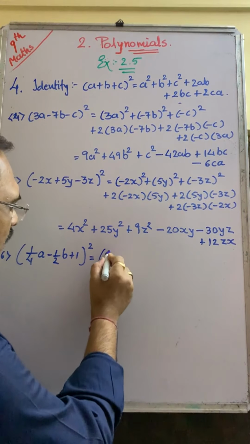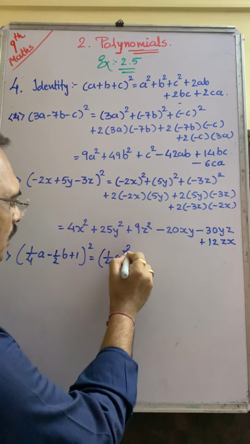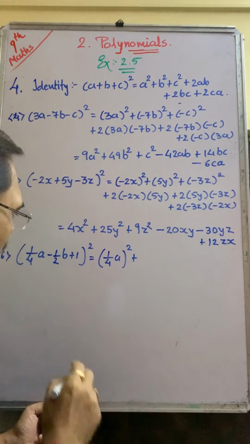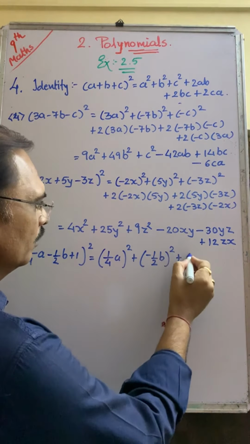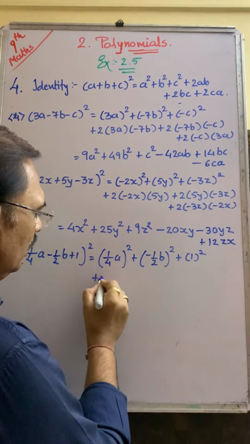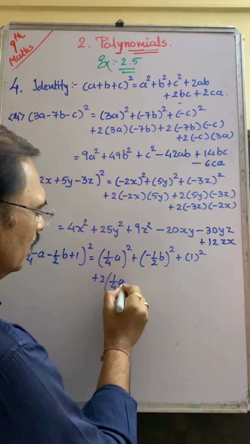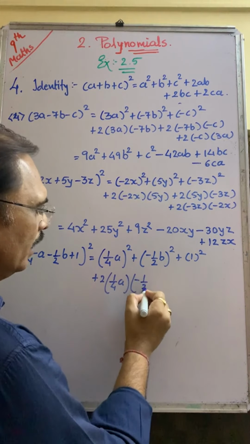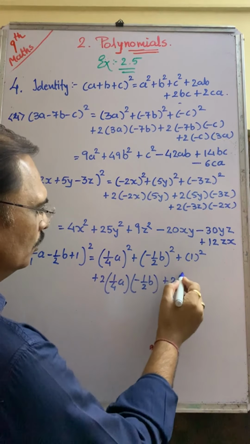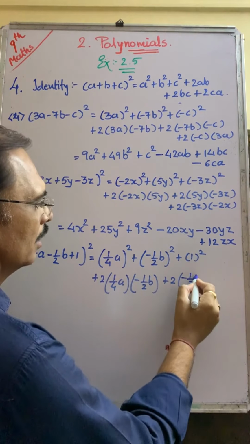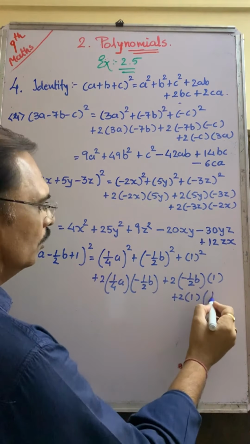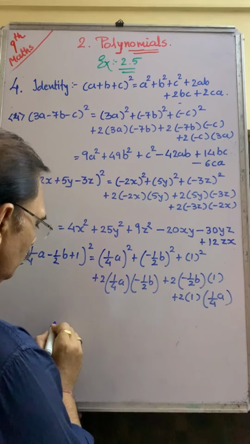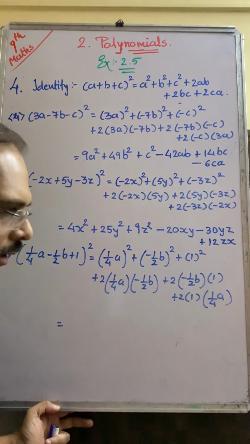Here the first term square, 1 upon 4a the whole square, plus with sign minus 1 upon 2b the whole square, plus 1 square, plus 2a into b, b is negative, plus 2b into c, plus 2c into a. And now slowly open the bracket.